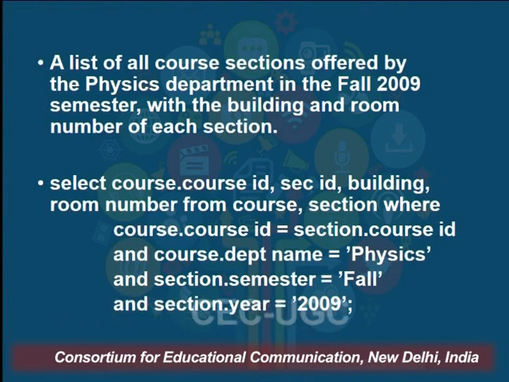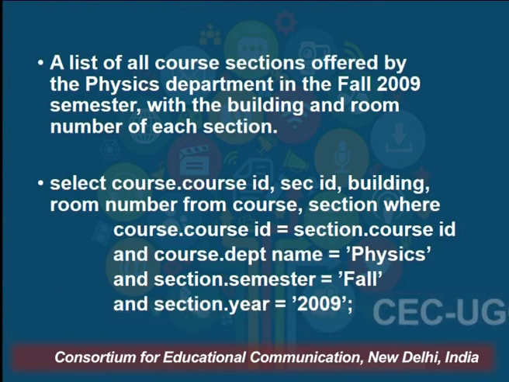Apart from this common field, which is course ID, section ID, building and room number are available in either the course or the section. So that has to be taken out, with the where clause: where course.course ID equals section.course ID.